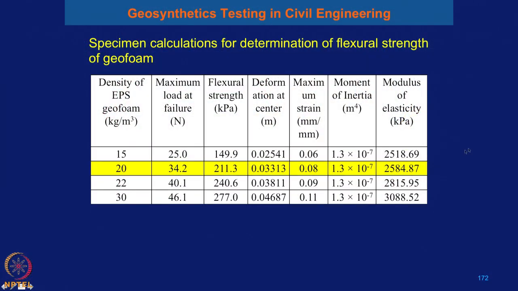In this table it is also shown that we have calculated the maximum strain 0.08, the moment of inertia 1.3 into 10 to the minus 7 meter 4, and the modulus of elasticity 2584.87 kilopascal for a density of 20.